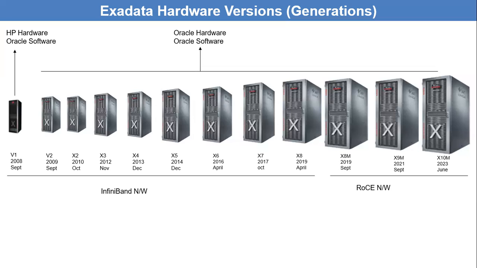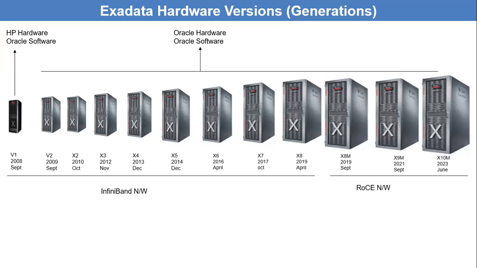So in high performance computing environments, InfiniBand networking technology was the most preferred and used. So Oracle also used InfiniBand networking technology in the initial versions of Exadata. So from version 1 till version X8, InfiniBand was the networking technology.